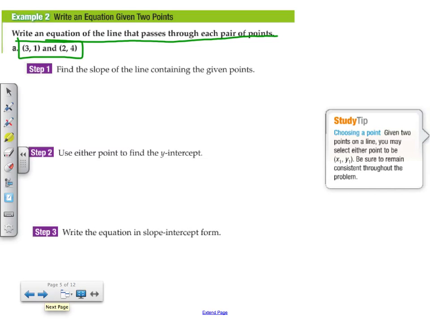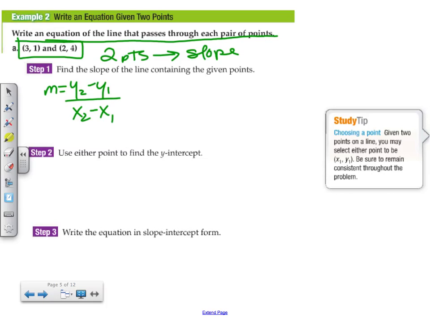Well, if you have 2 points, then you can find the slope, right? We know that formula to be m equals y sub 2 minus y sub 1 over x sub 2 minus x sub 1. In step 1, the first thing we're going to do is find the slope.